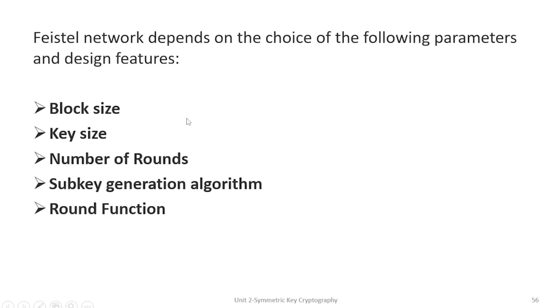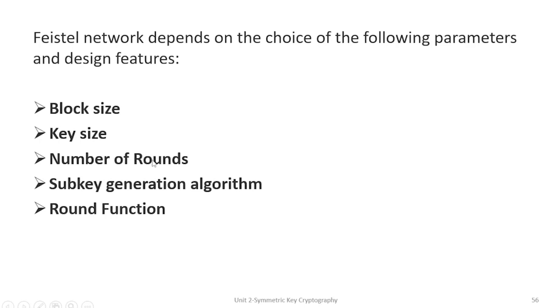The second important concept for implementing a block cipher technique is that, if you want to design a block cipher, these 5 parameters should be considered. One is the block size. Block size means the original text size. Then key size: what is the size of a key? How many rounds are used for encryption?